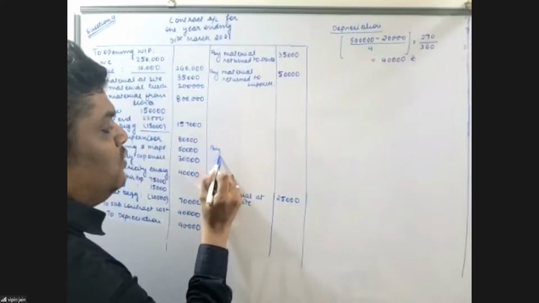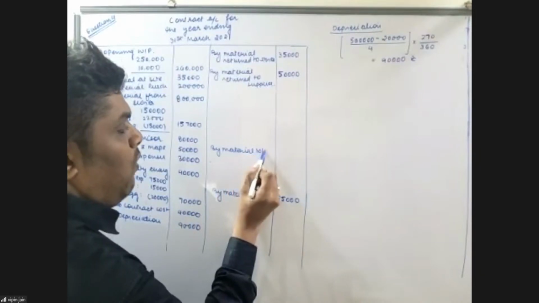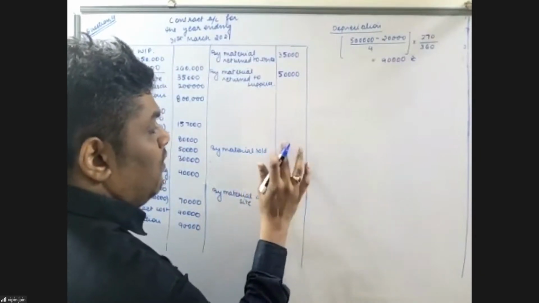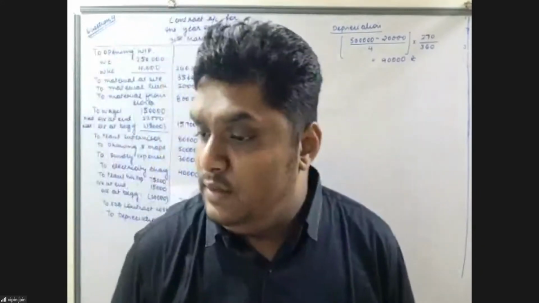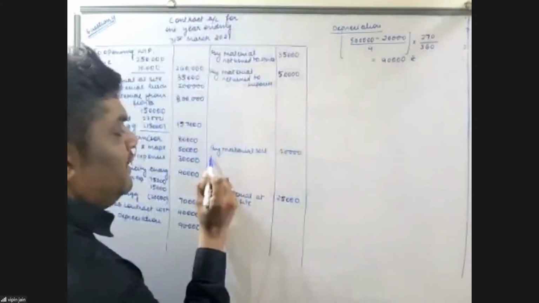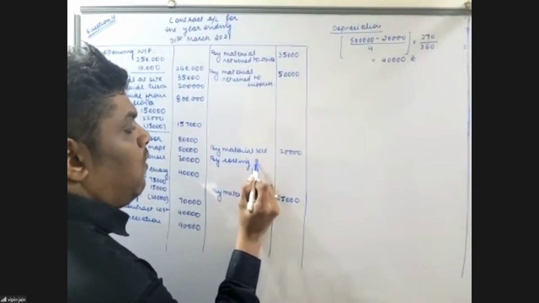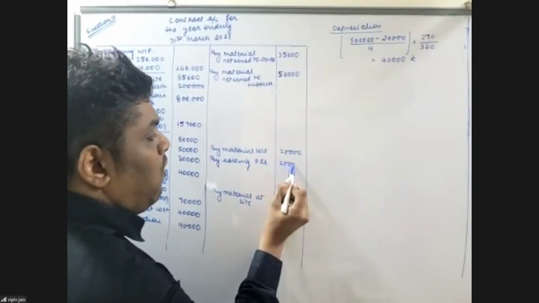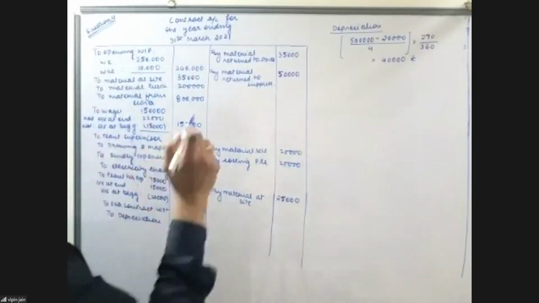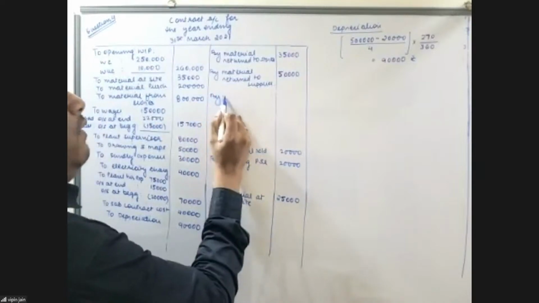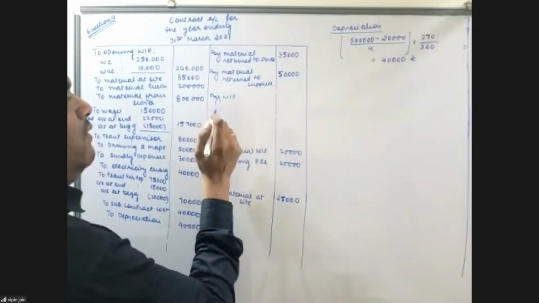So by material sold was sold for 20,000, and to costing P&L, that is the loss on sale of material. So now the last part is by work in progress, work certified.